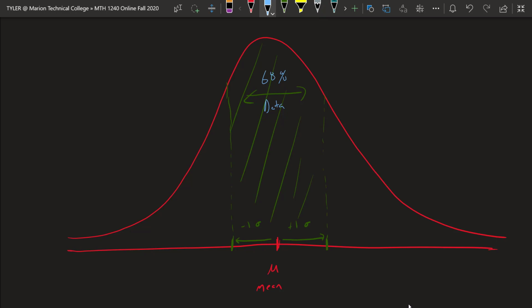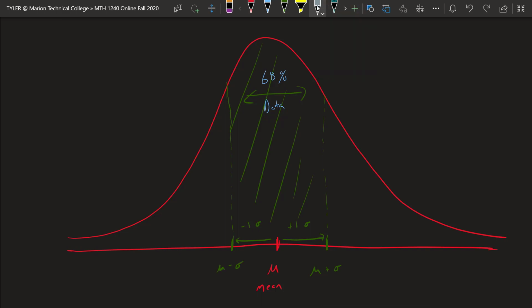Next, we can label this. This tick mark value would be the mean plus a standard deviation, and this would be your mean minus a standard deviation.